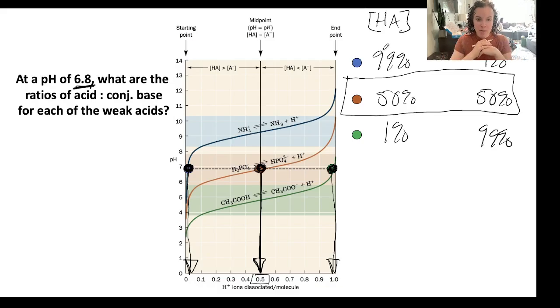Imagine you're in the lab performing a titration. If you dropped a little bit of acid into a solution of 50-50 acid and conjugate base, for example phosphate, what would happen is that acid would react and be neutralized by the conjugate base form of phosphate at this pH.